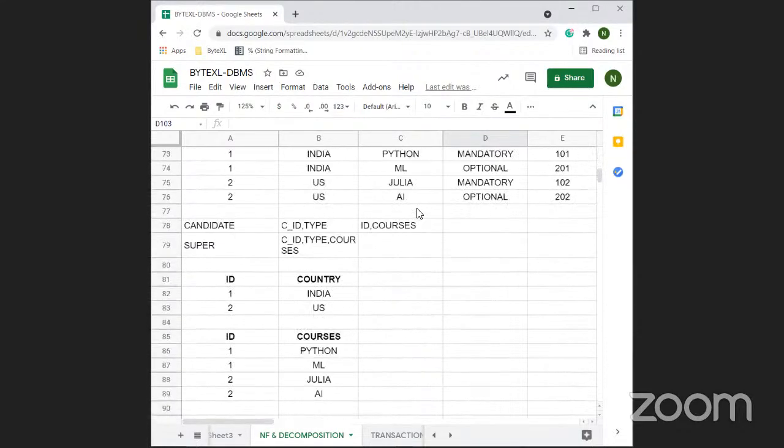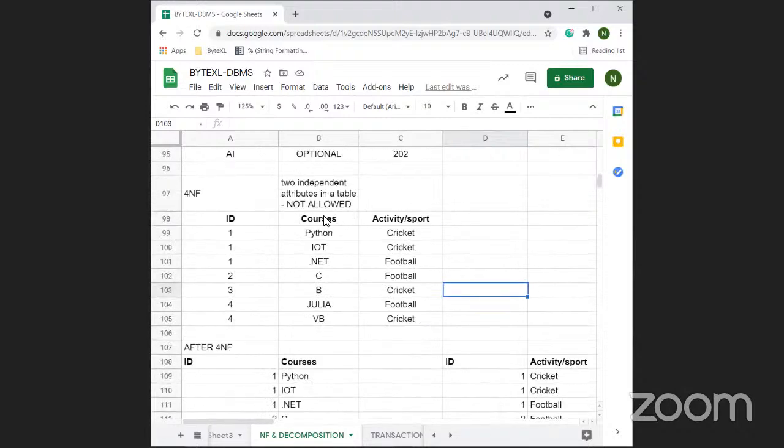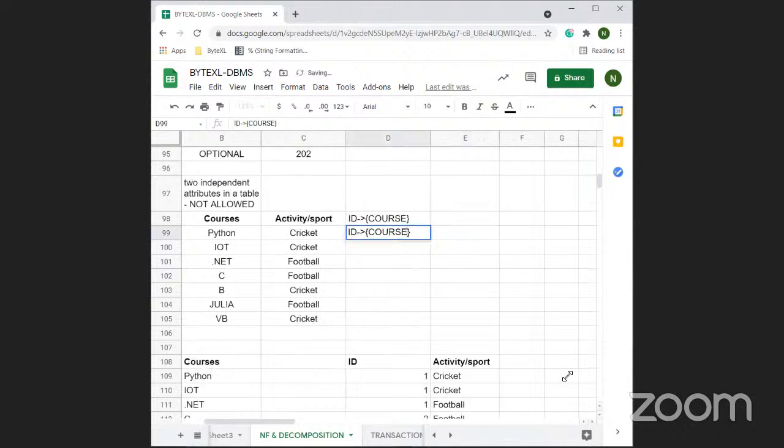Yes, let us take this only as an example. This table, if we take, what are the two relations that are available here? If I give you ID, you can give me course. If I give you ID, you can give me activity.